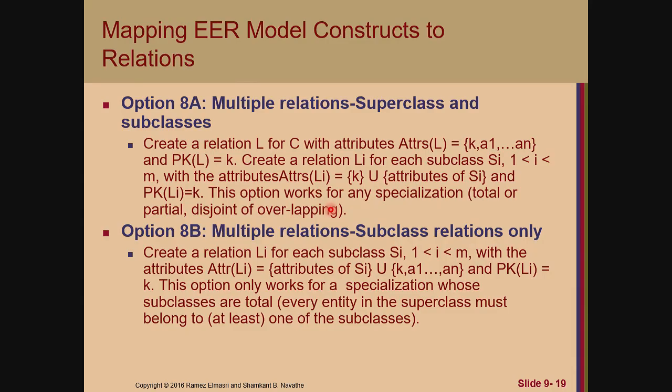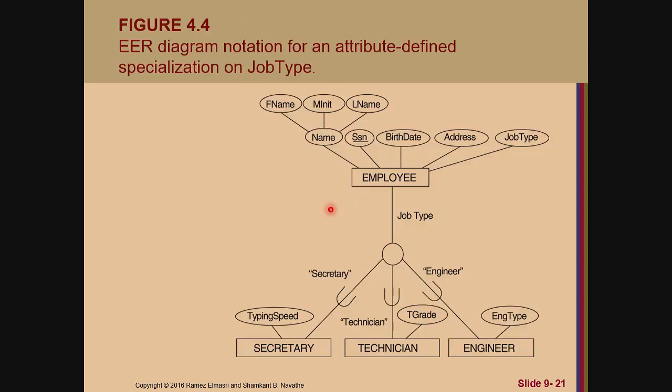For option A, what is happening? Let's see. This is the specialization from employee, and we have separate subclasses using job type: secretary with the attribute typing speed, technician with the attribute T grade, and engineer with engineer type.